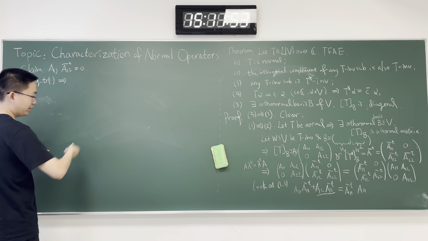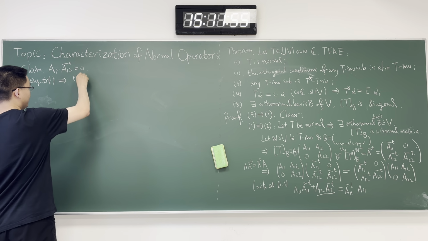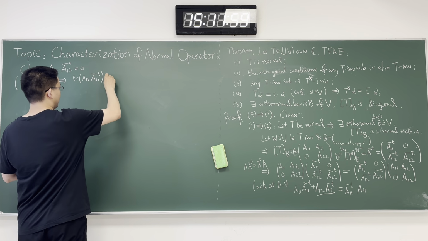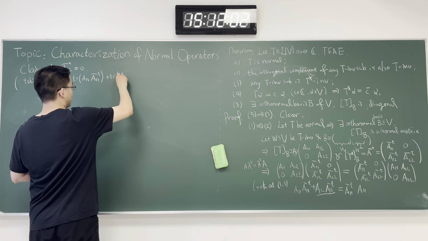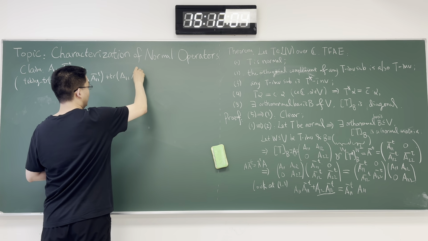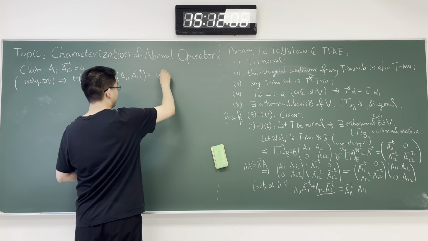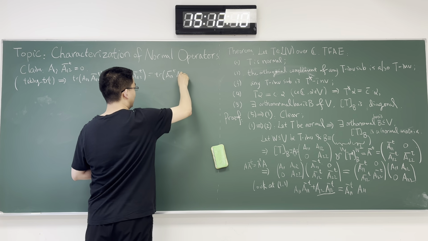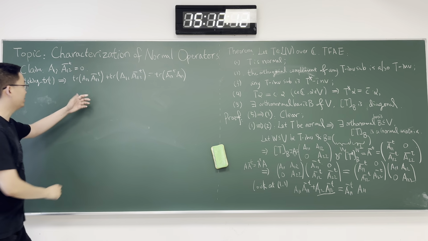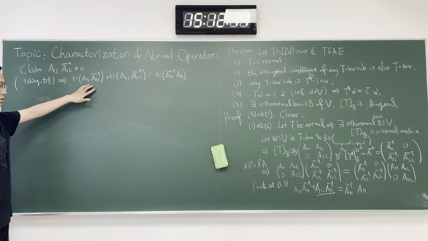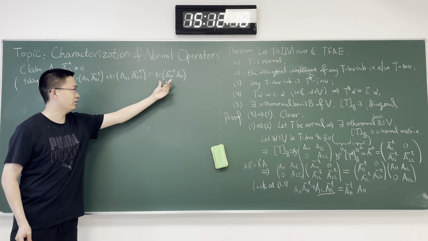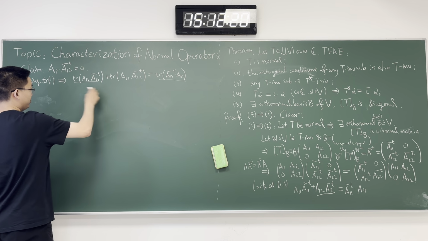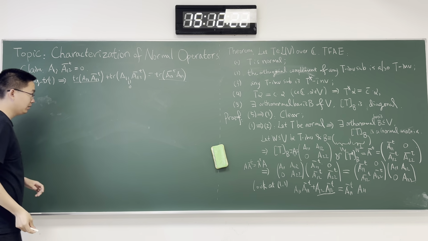This gives that the trace of A11 A11 conjugate transpose plus the trace of A12 A12 conjugate transpose equals the trace of A11 conjugate transpose times A11. And we know that trace AB always equals trace BA. So these terms are equal, which implies that the middle term should be 0.